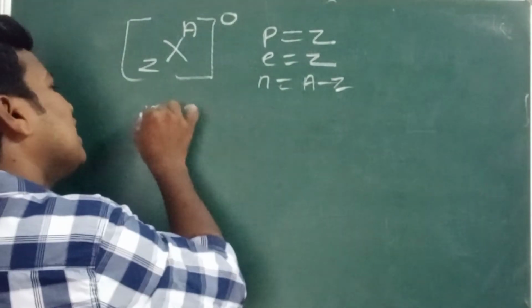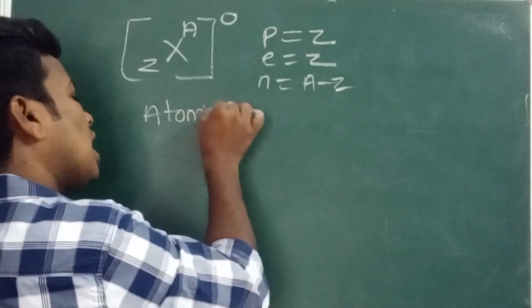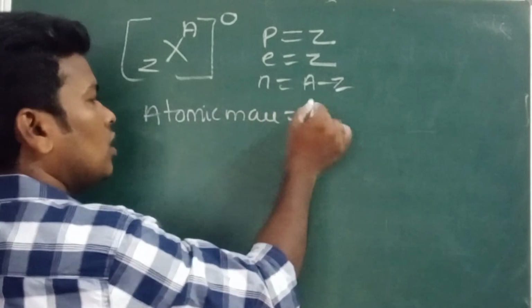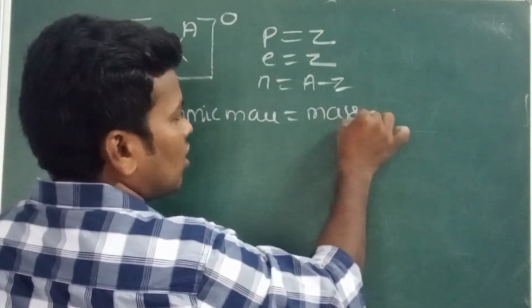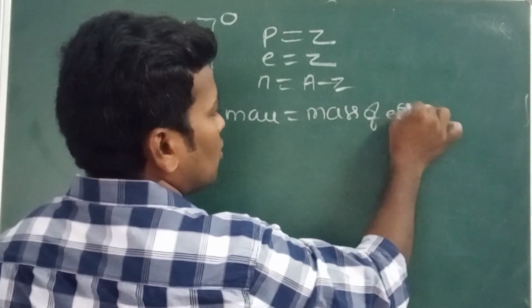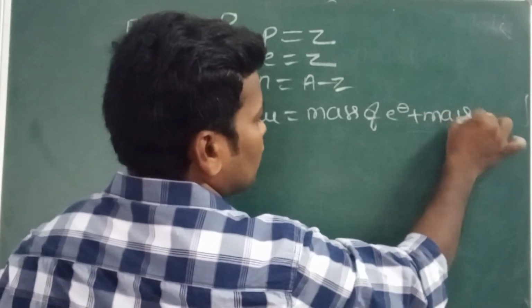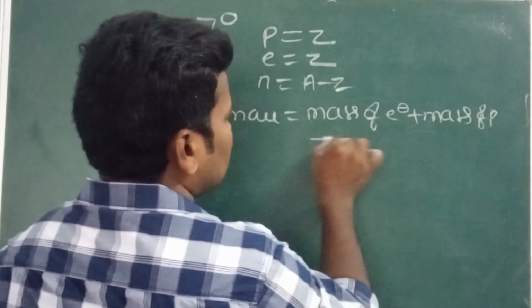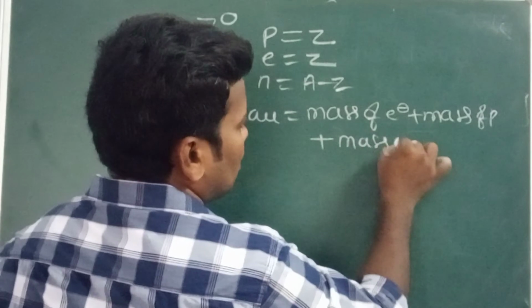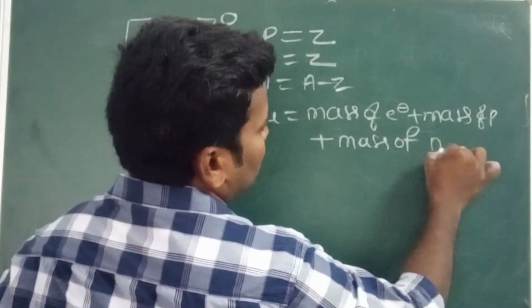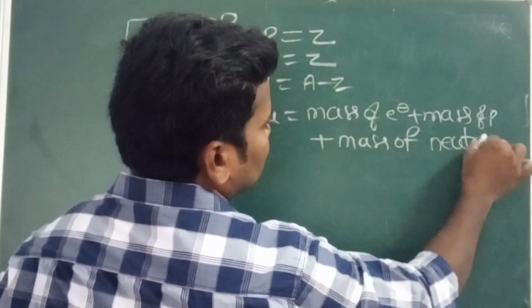So atomic mass is equal to mass of electrons plus mass of protons plus mass of neutrons. Three subatomic particles.